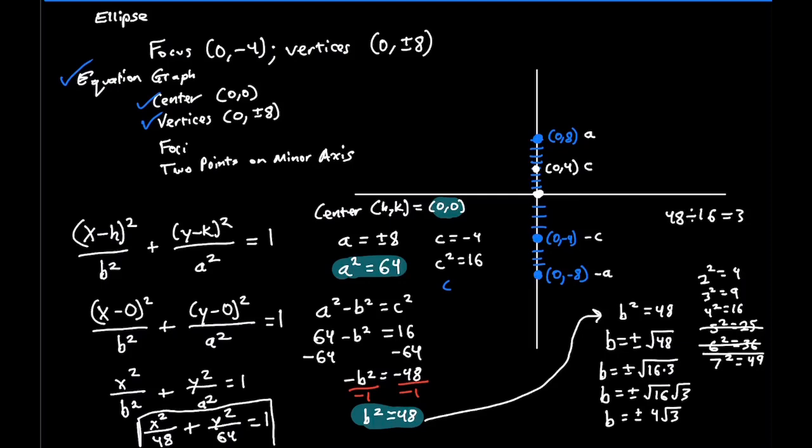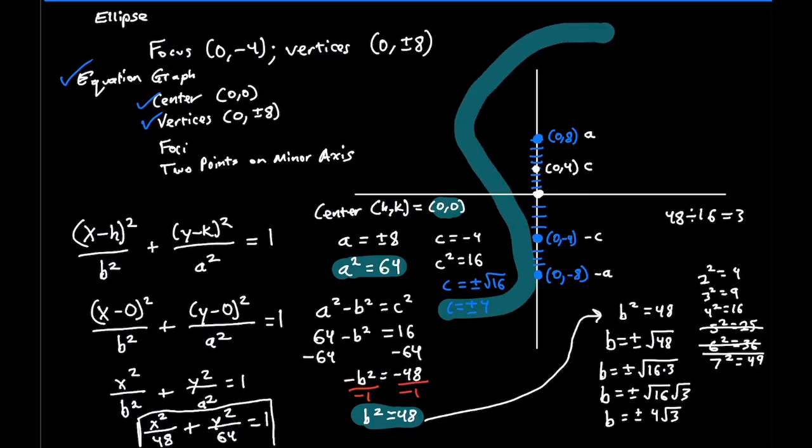So whether you do it that way, or whether you come here and you just find the square root of 16, where you'd be finding plus or minus the square root of 16, you'd end up with plus or minus 4. So we'd have both of them this way. To find the foci, I'll just do that up here where there's some more space.